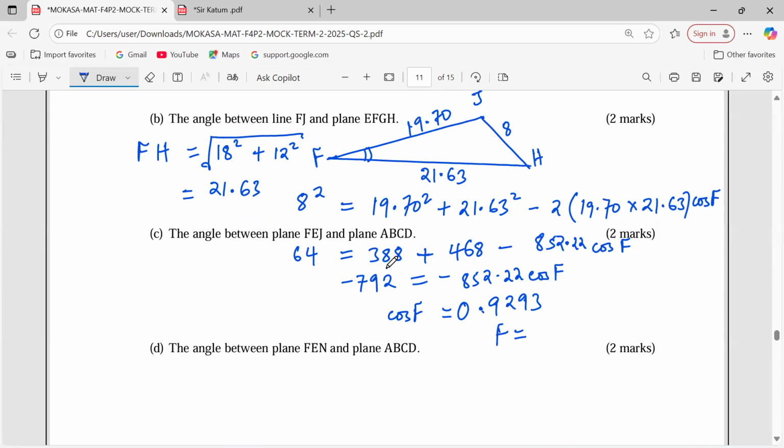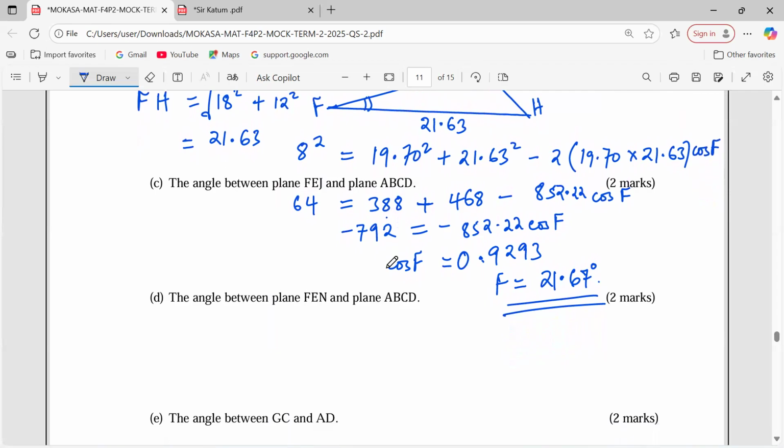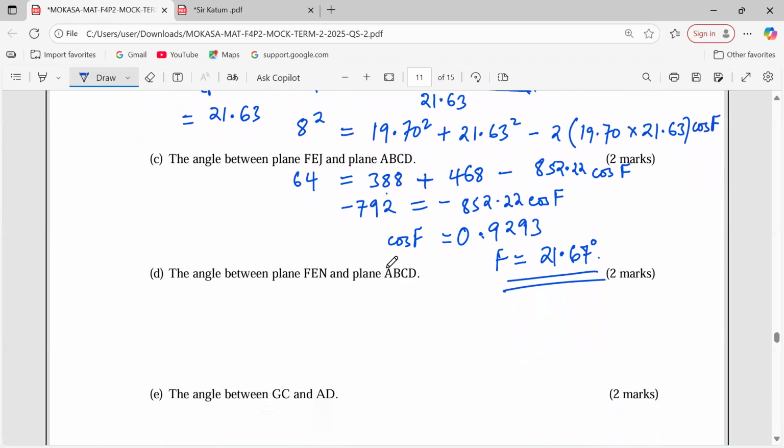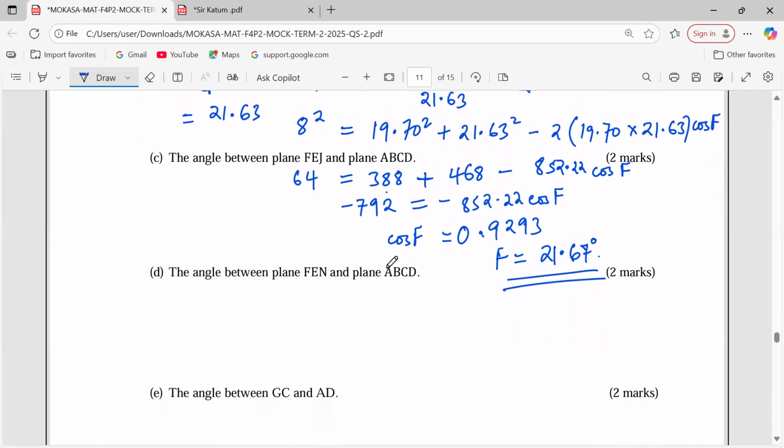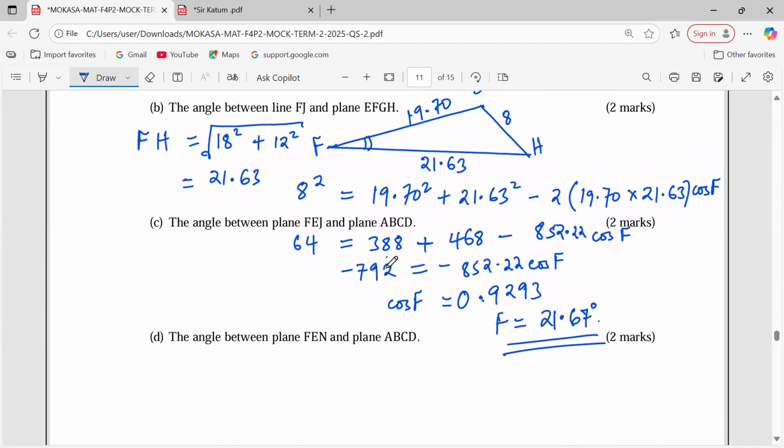This gives us 21.67 degrees. That is the angle. We proceed to part C.